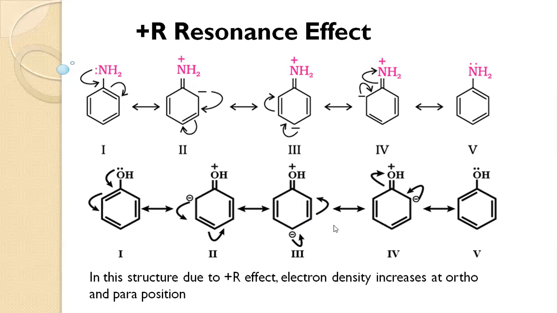In this structure also, the electron density is higher at the ortho and para positions. Due to the positive resonance effect, electron density increases at only the ortho and para positions. So these ortho and para positions are electron rich areas, with more electron density due to the positive resonance effect.